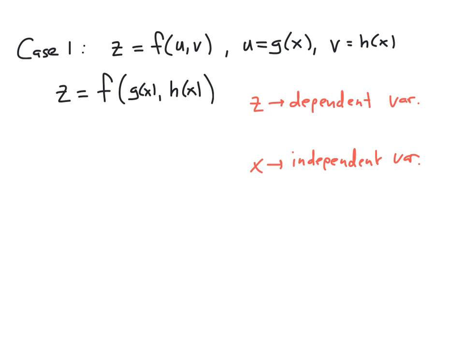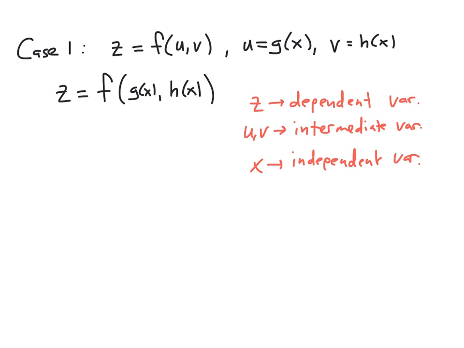Ultimately, this is the value we get to choose basically whatever we want for when we're evaluating this function. And in this case, we end up with two intermediate variables. Right, so these are variables that sit somewhere between the independent and the dependent variables.